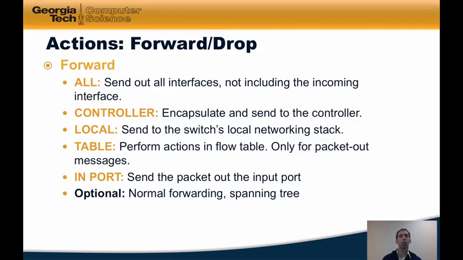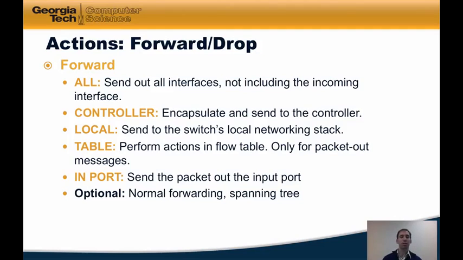One is to forward the packet out all of the interfaces, not including the interface on which the packet arrived. Another is to simply encapsulate the packet and send it to the controller. Another option is to divert the packet to the switch's local networking stack. Another is to simply just perform the actions in the flow table. Finally, the switch could send the packet back out the input port.